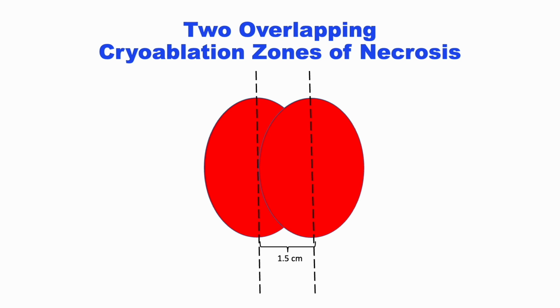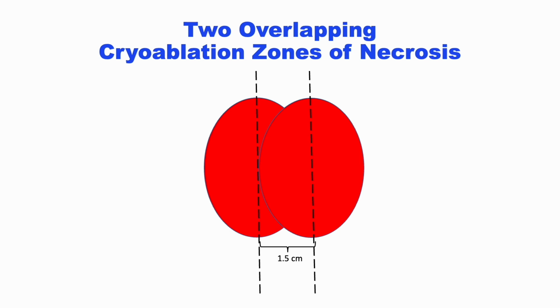for each ablation. The second disadvantage of using a single probe to perform multiple ablations is that there is no clear guidance from the manufacturers on how much adjacent cryoablation zones should be overlapped in order to prevent undertreatment or skip areas of disease between adjacent zones of necrosis.